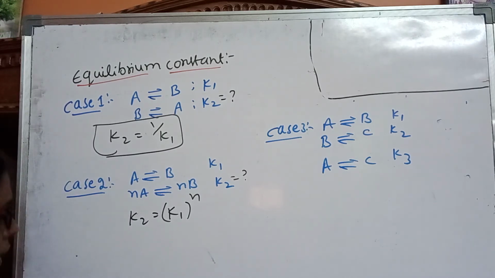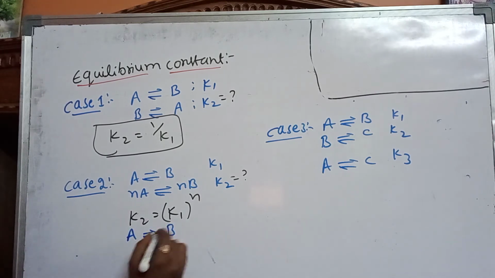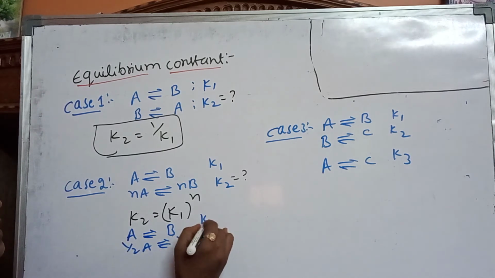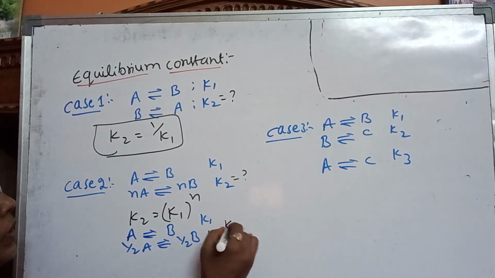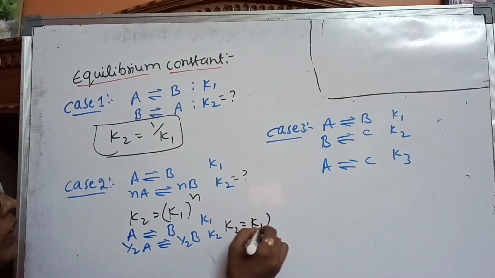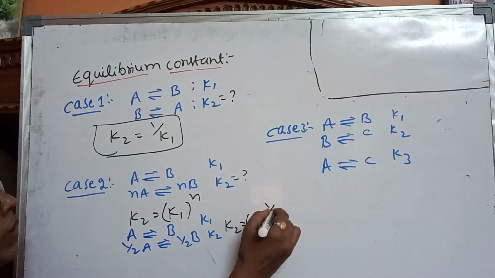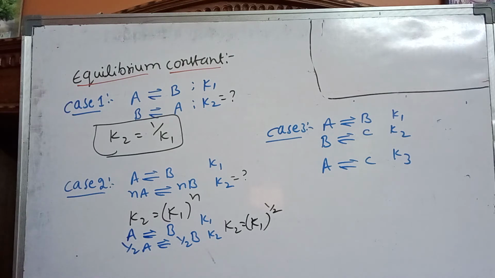For example, if half mole of A gives half mole of B, this is K1 and this is K2. According to this, K2 is equal to K1 to the power of 1 by 2, because n is half.